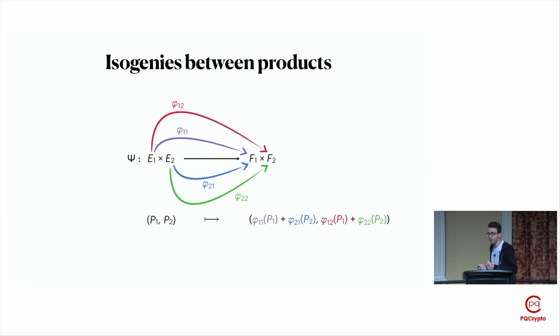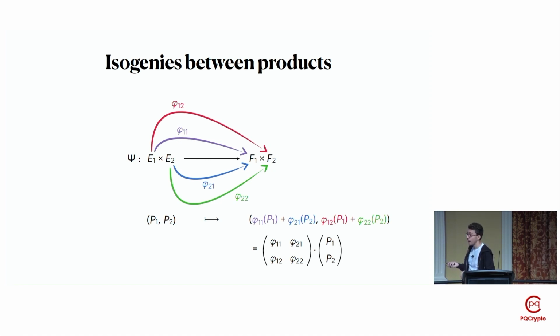So a fairly straightforward construction. This may look a little bit messy written like that, but if I put it in matrix form, it's a little bit nicer. It's really standard matrix vector multiplication that gives you this formula, where instead of numbers here, you would have isogenies in your matrix and points in your vector.